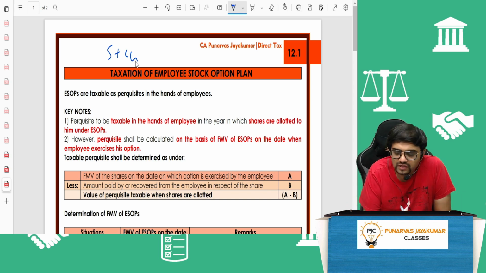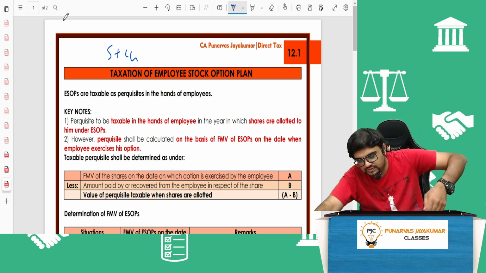ESOPs are taxable as perquisites in the hands of the employees. Perquisite in the hands of the employee.